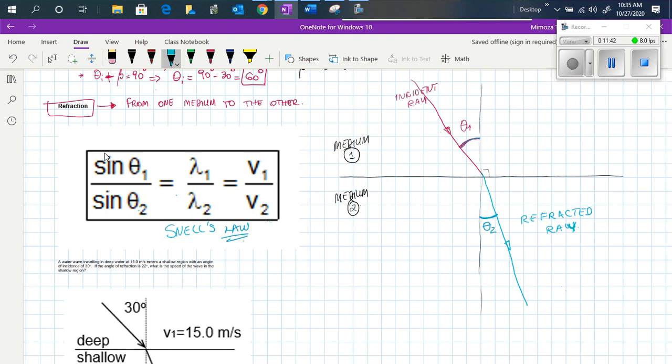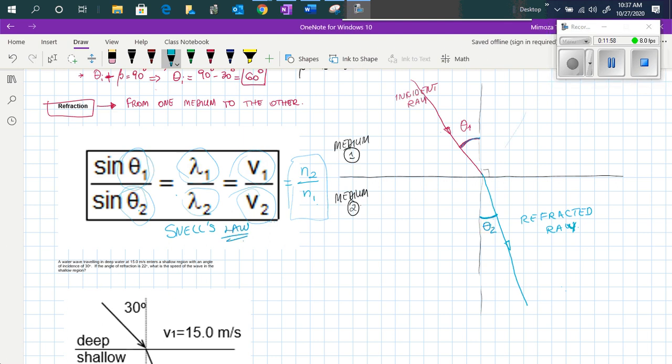You have this in your formula sheet, probably as n2 over n1, something like this. Can you please check?